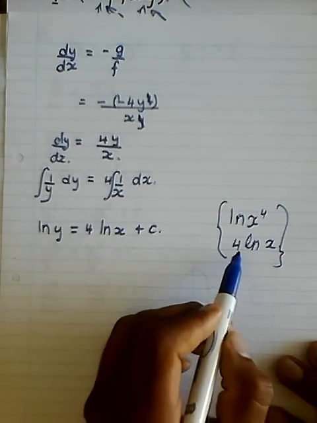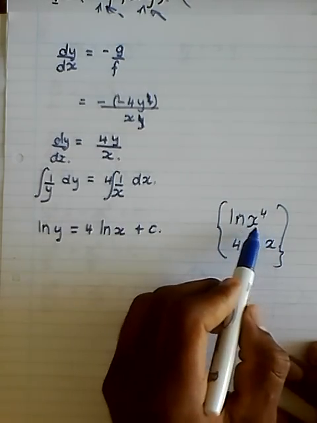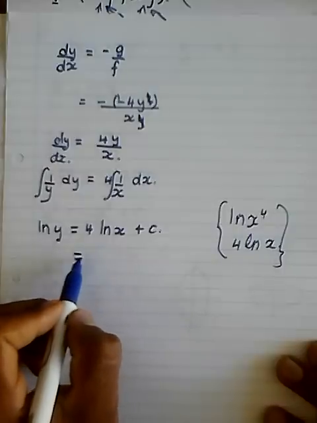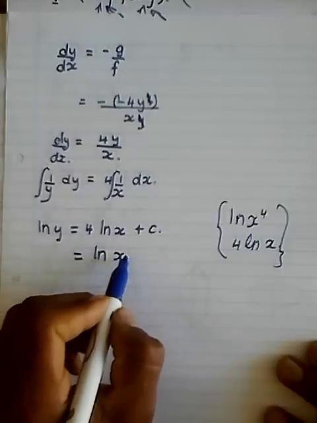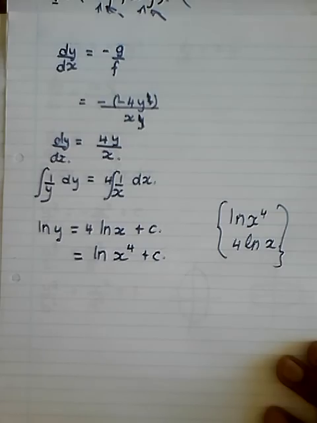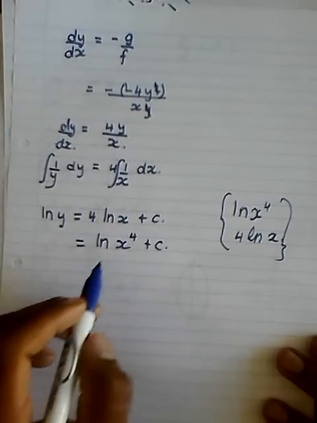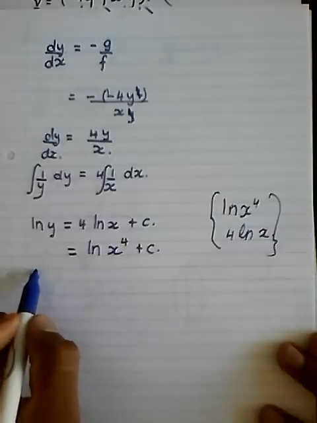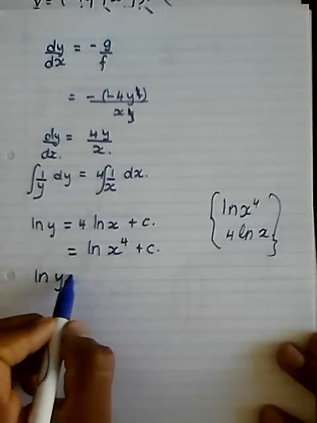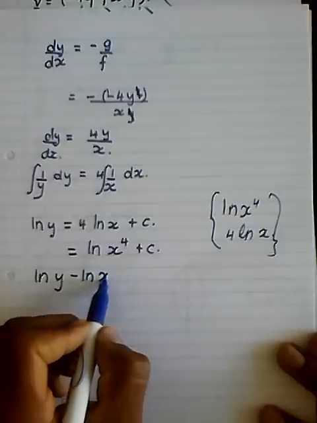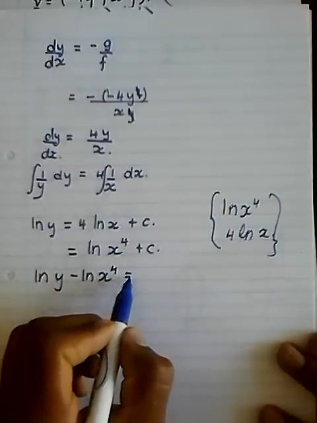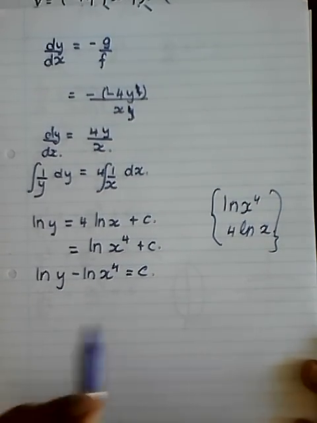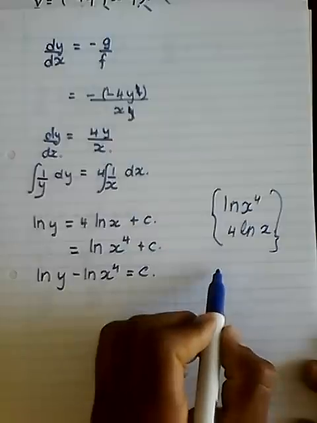So let this be ln x to the 4 plus c. Now let's take ln x to the 4 to the left hand side, and then we're going to have ln y minus ln x to the 4 is equal to c. One other thing, remember the laws of logarithms.